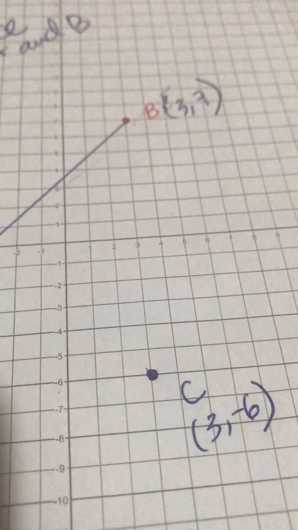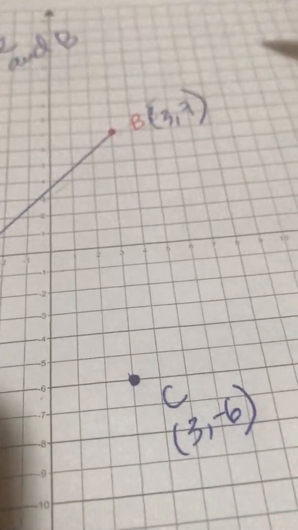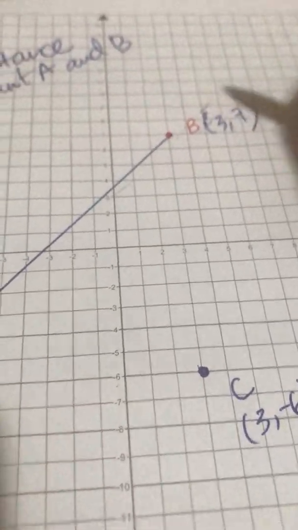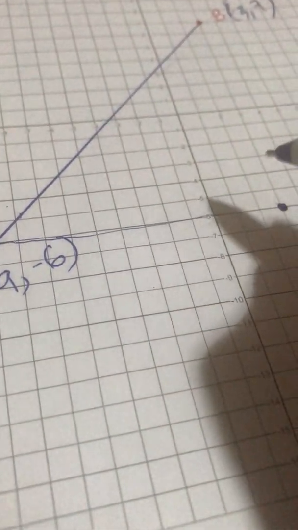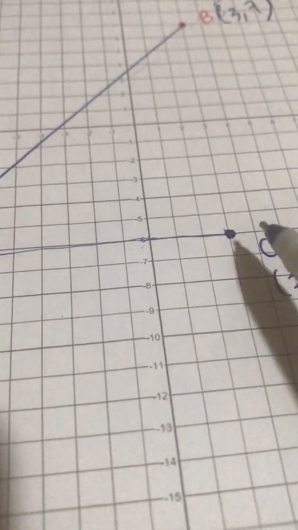Okay? Now, I need to know what is the distance from A to C. This distance I need to know. So from -9 to +3 is how many spaces?